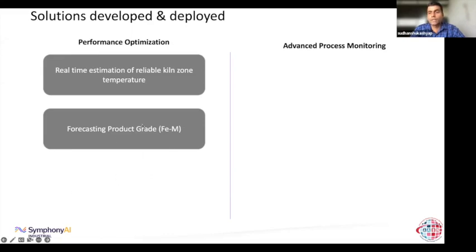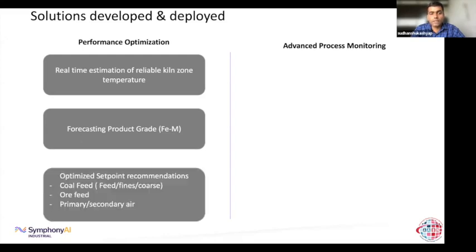So that's why forecasting the grade upfront, to understand how my grade is going to be over the next 8 hours. If you can do that, then these actions could be taken upfront, and then overall plant grade could be improved. And then optimized set point recommendations for cold feed, that includes fines and coarse, because there is variation in particle size, there is a variation in fixed carbon and moisture in the coal.